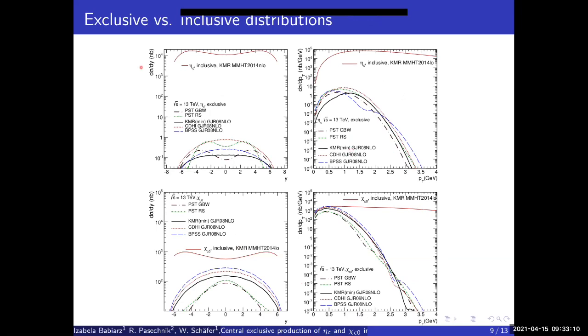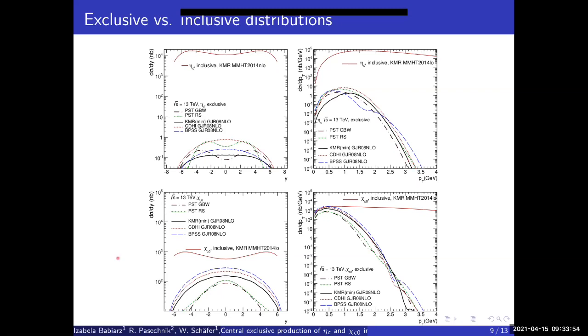Maybe the most interesting plots. Here we can see the distributions in rapidity. I plotted here all of these gluons for the eta C, and here the upper line is our previous result for inclusive production of eta C, and it was a little bit interesting for us that this line is much, much higher, and this fact is also shown on PT distributions.